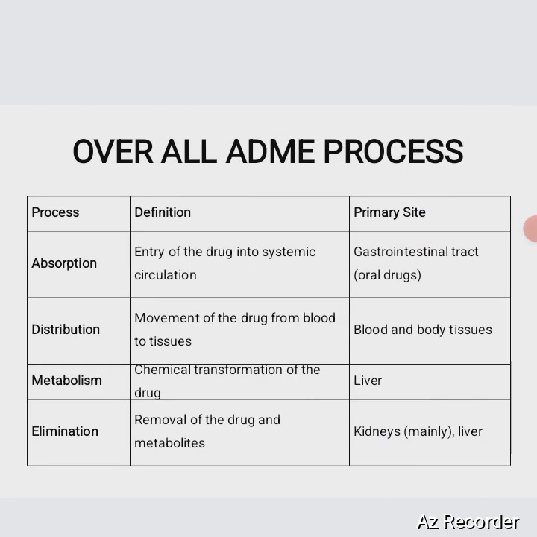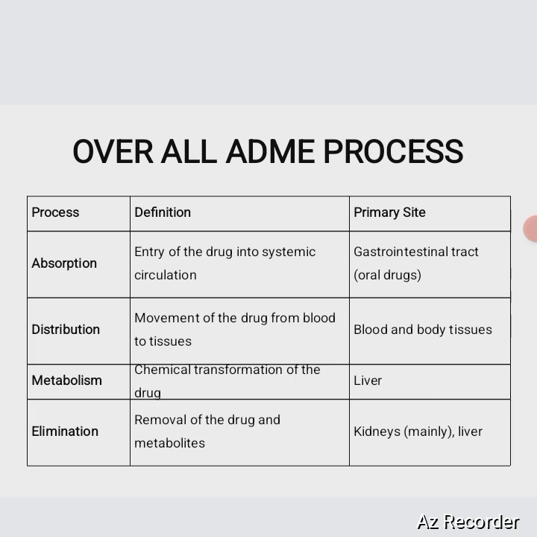So here I will summarize the overall ADME properties. The first one, absorption: the entry of the drug into the systemic circulation, the main site being the gastrointestinal tract. Second, distribution: the movement of the drug from the blood to tissues, the primary sites being blood and body tissues.